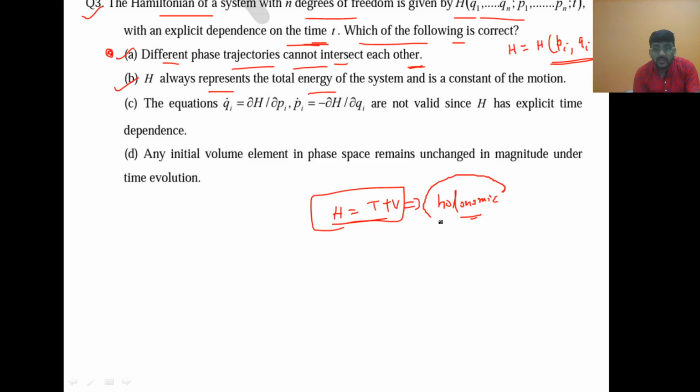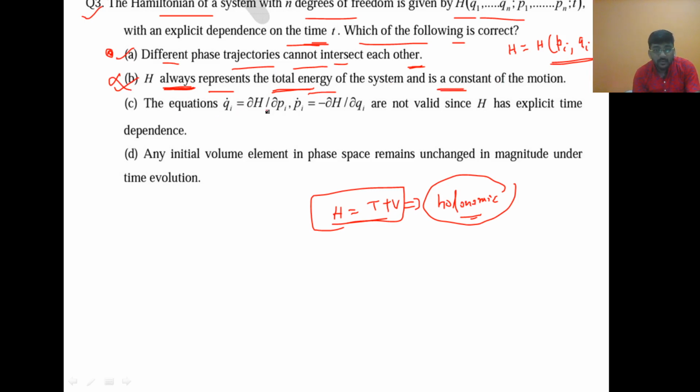For a non-holonomic system, or any other cases, this is not correct. So this is the ideal case, that H always represents the total energy. This word 'always' is not correct. So H always represents the total energy of the system and is a constant of motion is not correct. So B will not be the answer.